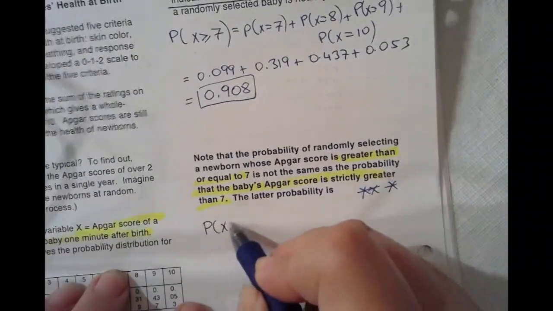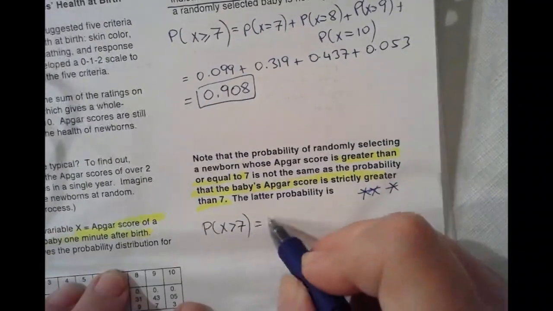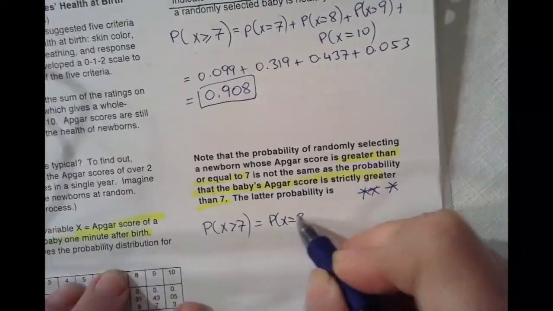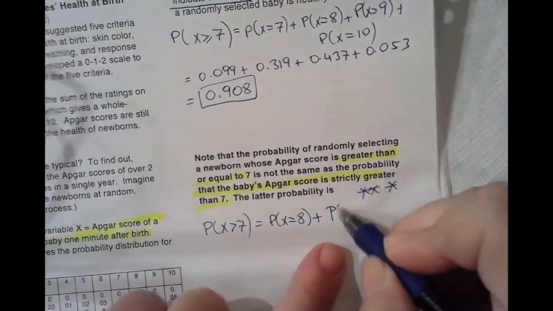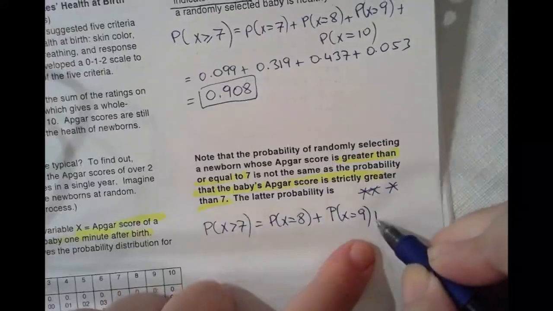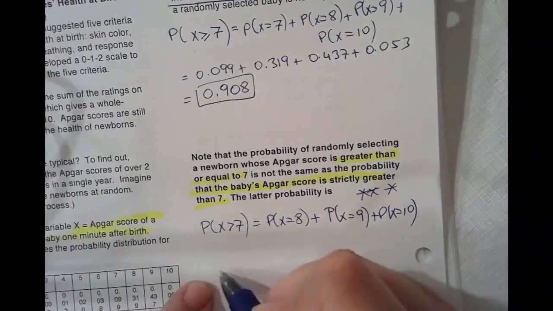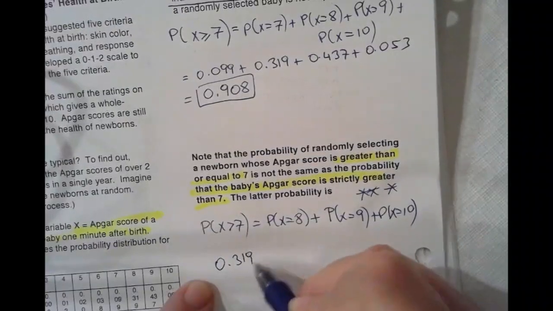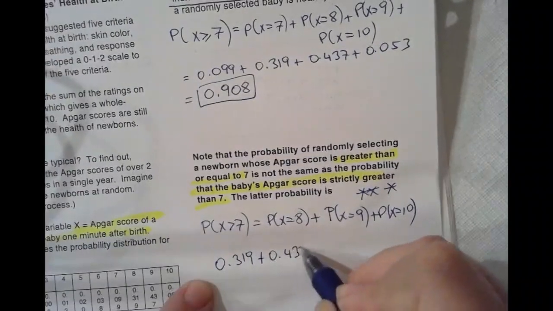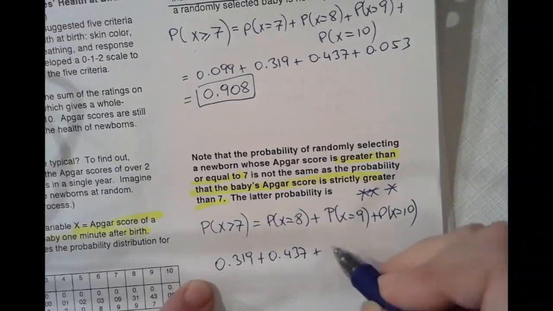Versus if I just make a mistake, I make it greater than 7, so that means it would be x is equal to 8, x is equal to 9, x is equal to 10, and so I would have 0.319, 0.437, and 0.053.